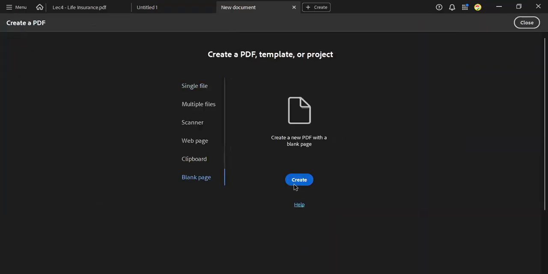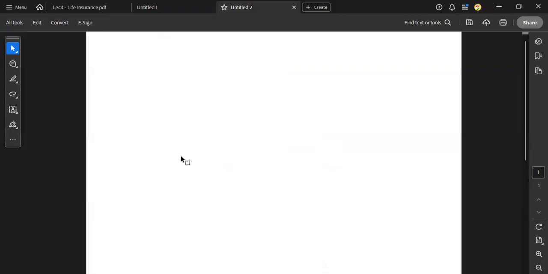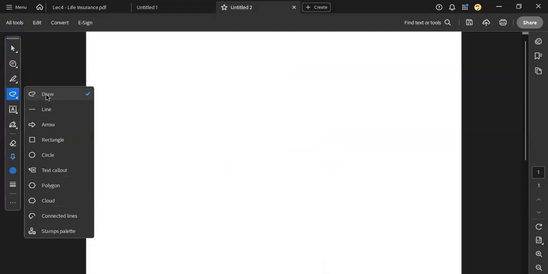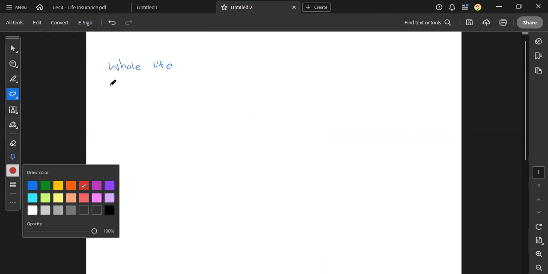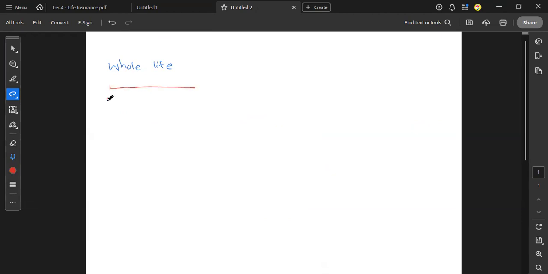So I will quickly recall the equations there as well. So let's start from whole life. Starting from there, we have annual intervals, and the benefit is being paid at the end of that interval.